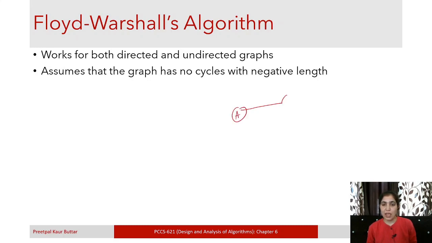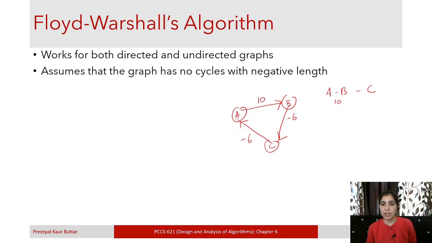Suppose this is A to B to C. Like this we can go from A to B, then B to C, then C to A. So this is 10, this is minus 6, this is minus 6. Now this is a cycle, right? A to B to C. If we want to go from A to B, the length is 10.